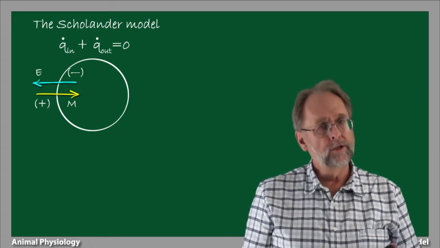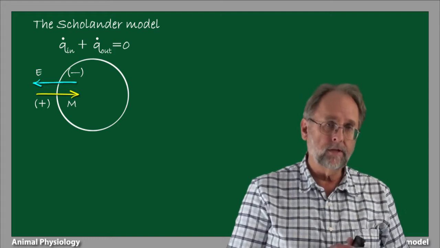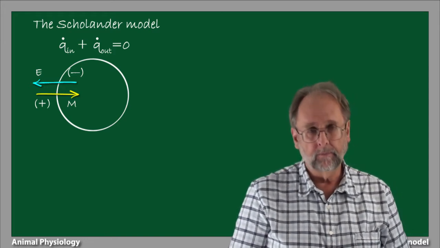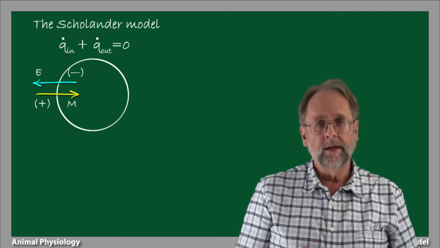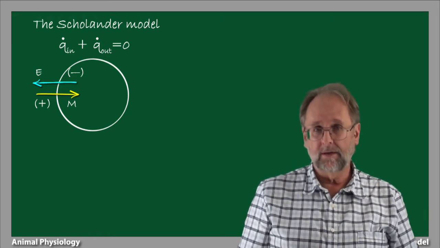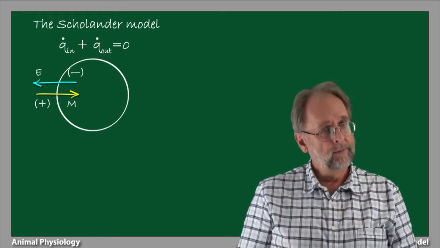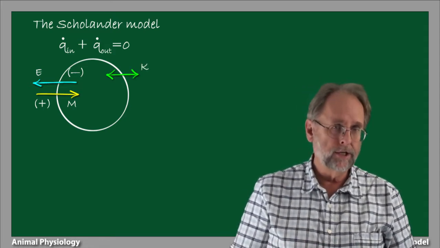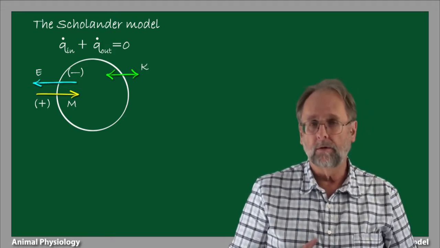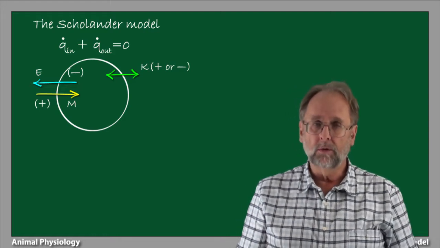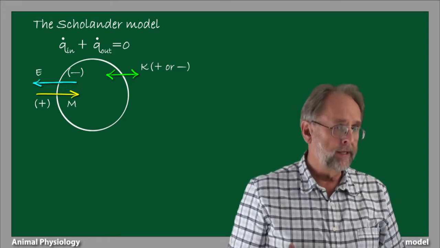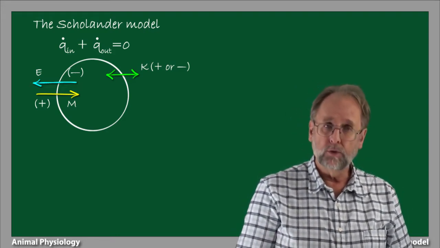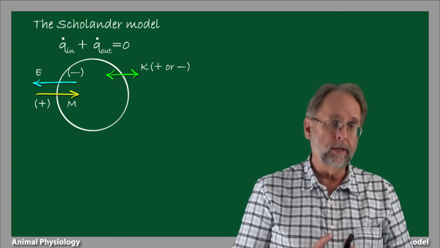There are also various ways that heat can be transferred physically between the body and environment. For example, if the animal is in contact with some kind of substrate that differs in temperature from its body, there will be a heat flux by conduction. This heat flux can go either way, either into or out of the body, depending upon whether the substrate is warmer or cooler than the body.